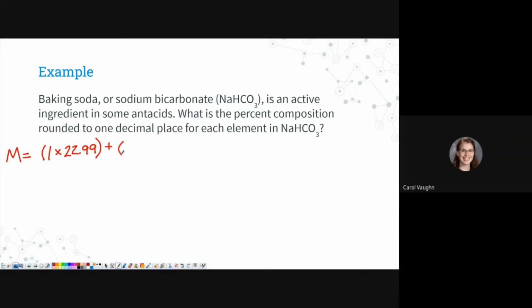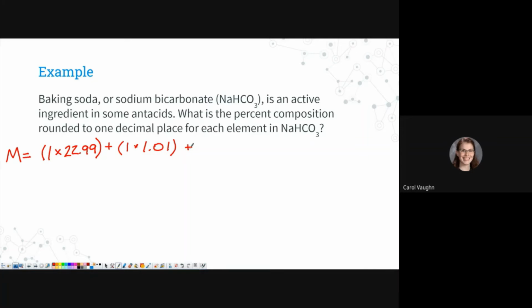Hydrogen. How many hydrogens are there? How many hydrogens are in this compound? 1, Nick says. My molar mass of hydrogen is 1.01 on your periodic table.